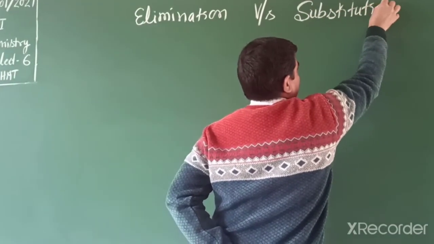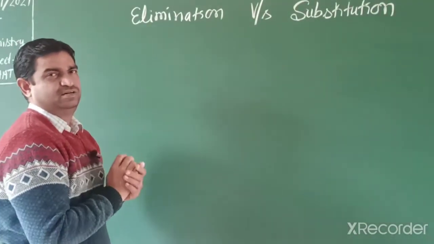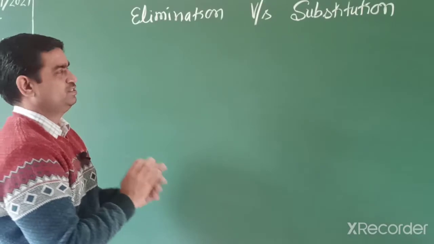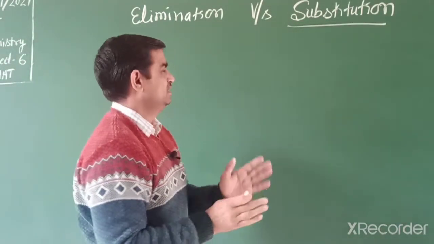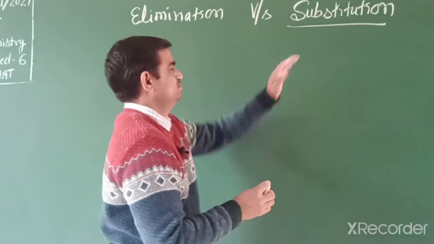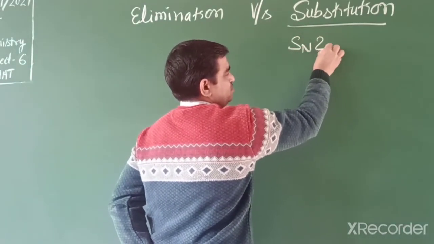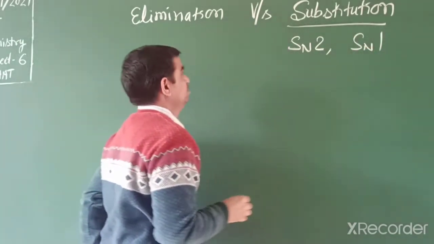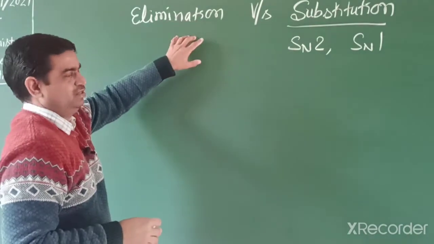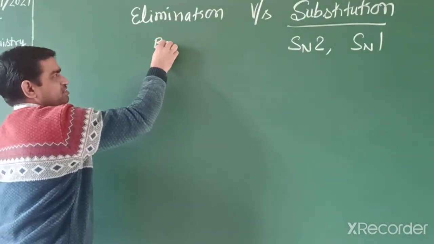These two reactions are in opposite directions. Means in substitution, a nucleophile attacks either from the back side or the front side, meaning the reaction occurs either by the SN2 mechanism or the SN1 mechanism. And in elimination, the nucleophile acts as a base.